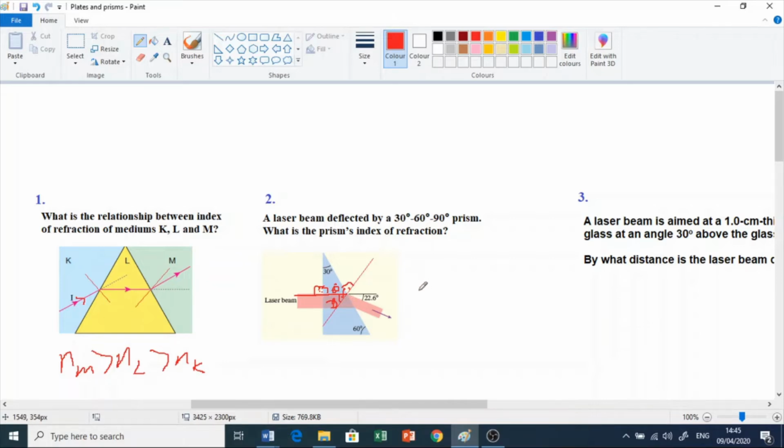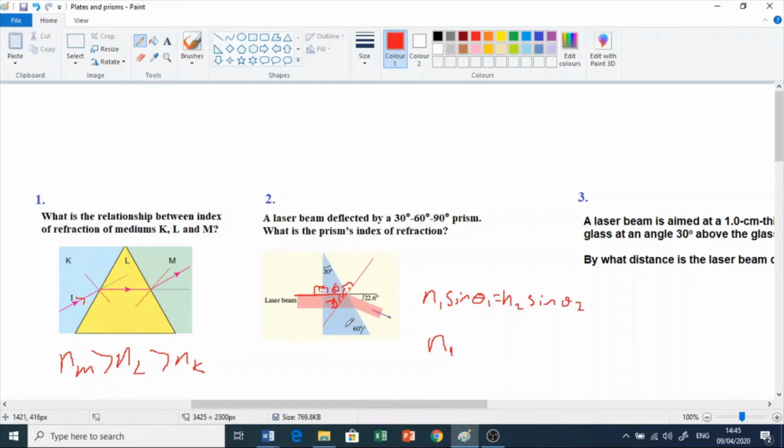Let's write Snell's law. We know that n1 sine theta 1 equals n2 sine theta 2. Now I'm going to write Snell's law for this boundary between the glass and the air. It is moving from glass to the air. So the index of refraction of the glass, let's say it is n1.